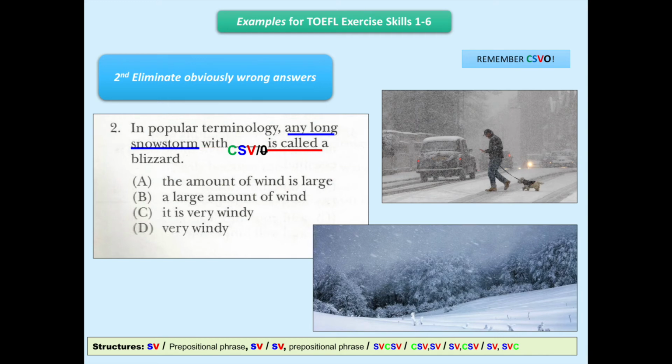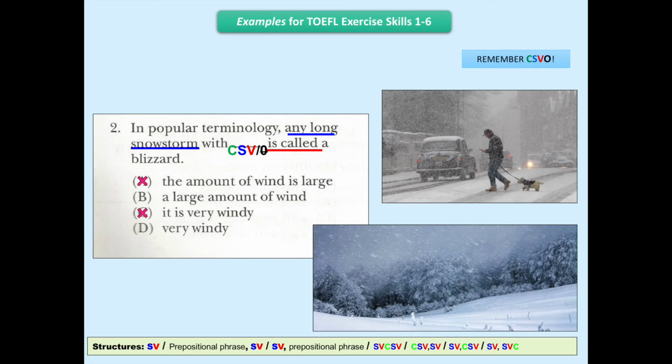Now we can eliminate obviously wrong answers. Both apple and cat have a subject and a verb, but no connector. So those are not the answers. Dog has an adjective.